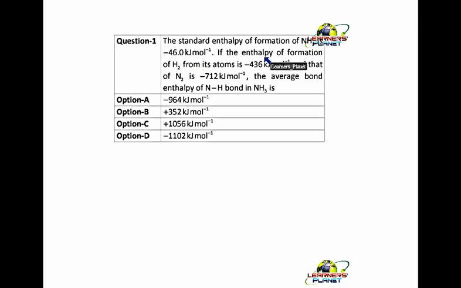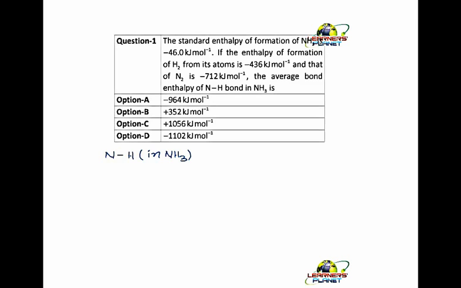If the enthalpy of formation of hydrogen from its atoms is minus 436 kilojoule per mole and that of nitrogen is minus 712 kilojoule per mole, the average bond enthalpy of the NH bond in ammonia is? So what do you have to find out? You have to find out the bond energy of the NH bond in ammonia, right?